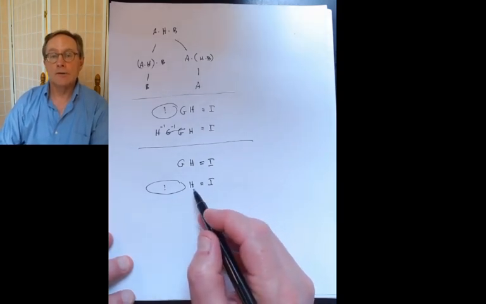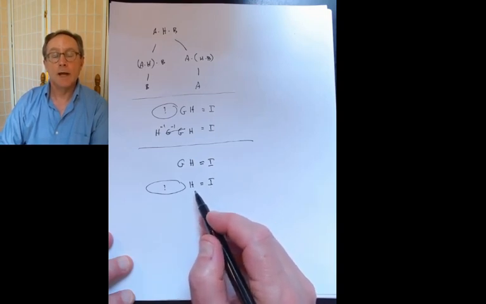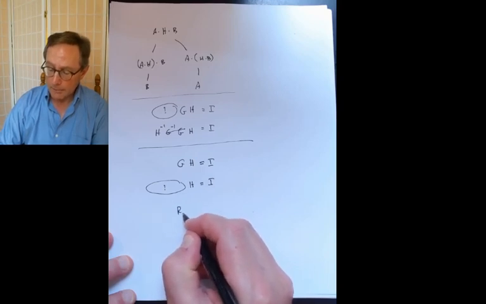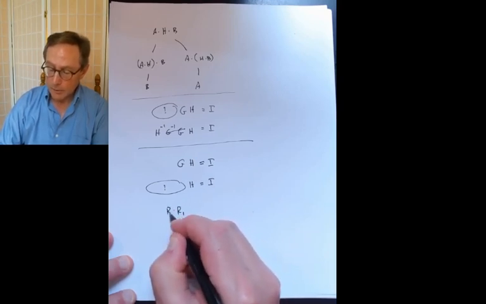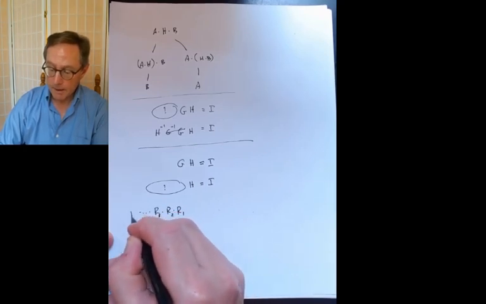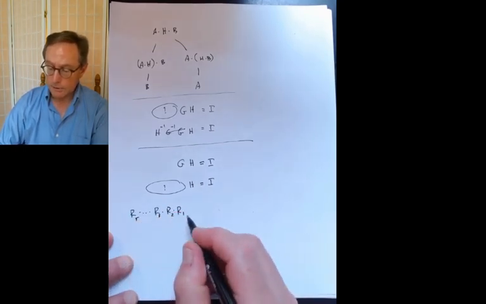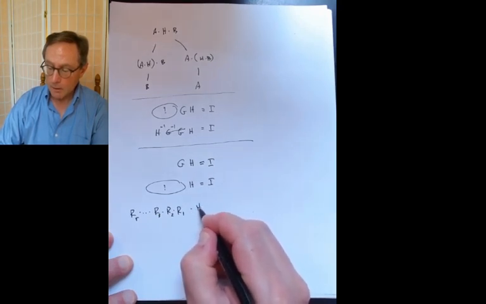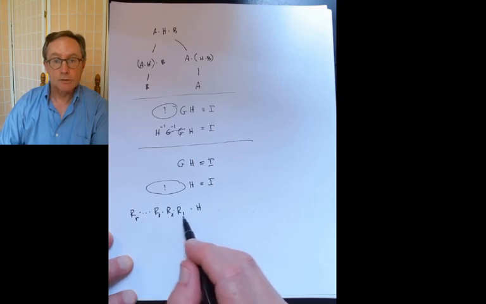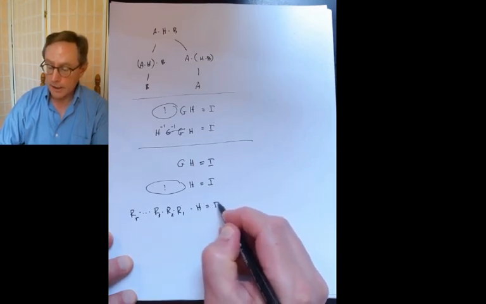I'm here at H, I want to get to the identity, so I want to do the Gauss's method steps that do Gauss-Jordan reduction. So we saw a result last time that says there's a sequence of matrices, I think I called that last one capital R sub little r, where if you multiply them together, then you're doing the Gauss-Jordan steps that take H to the identity.